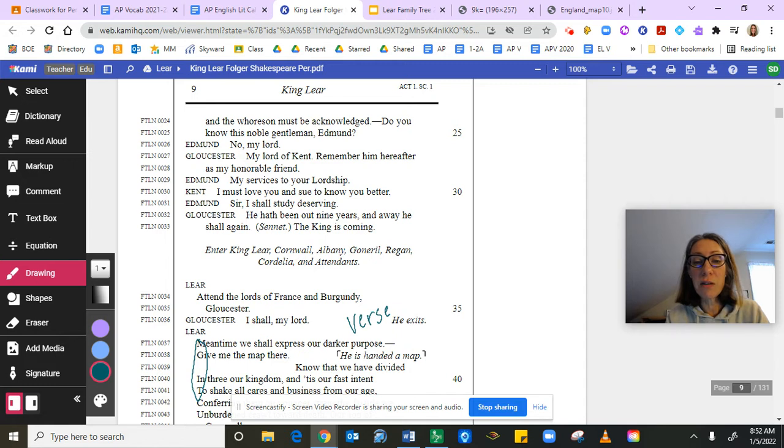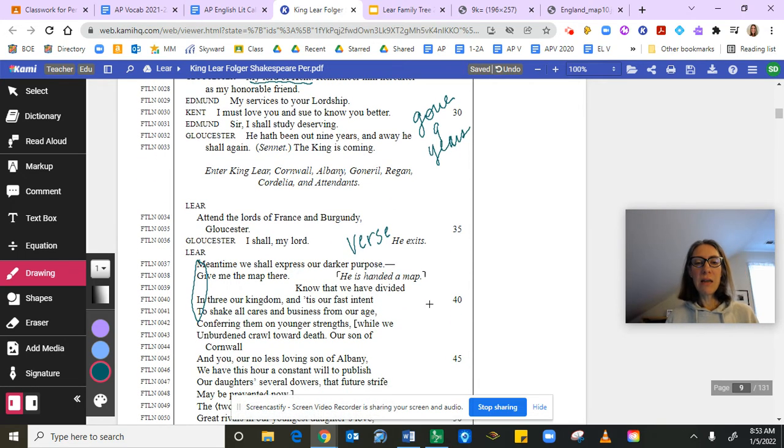Okay, do you know this noble gentleman, Edmund? No, my lord. And he's basically introducing him, my Lord of Kent. Okay, and we see that Edmund is very proper, very polite, and that he's been gone 9 years. And he's leaving again. Away he shall again.